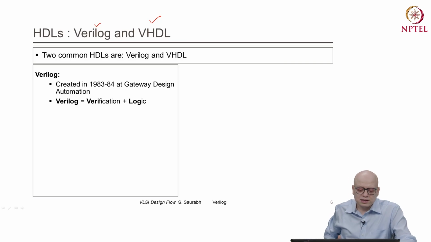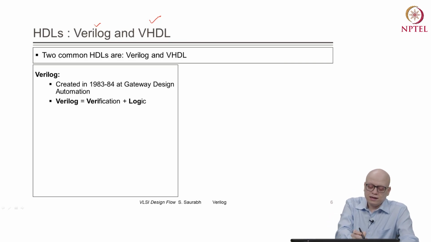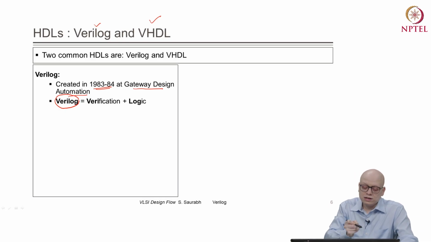Verilog was created in 1983-84 at Gateway Design Automation, and the word Verilog is derived from two words, verification and logic: veri from verification and log from logic.